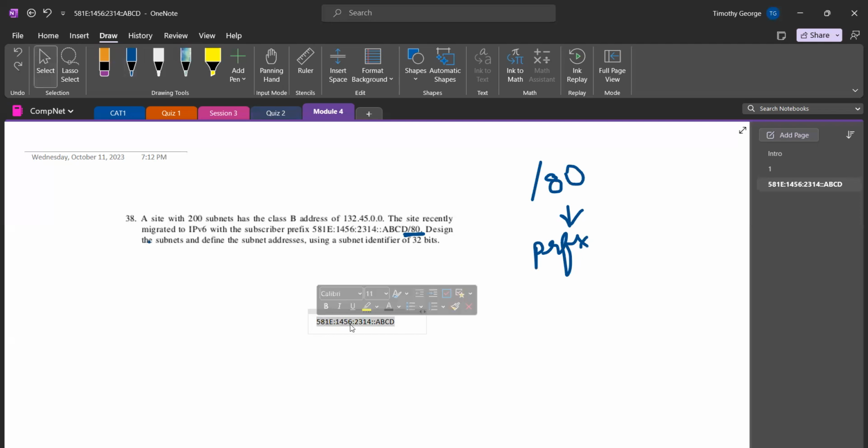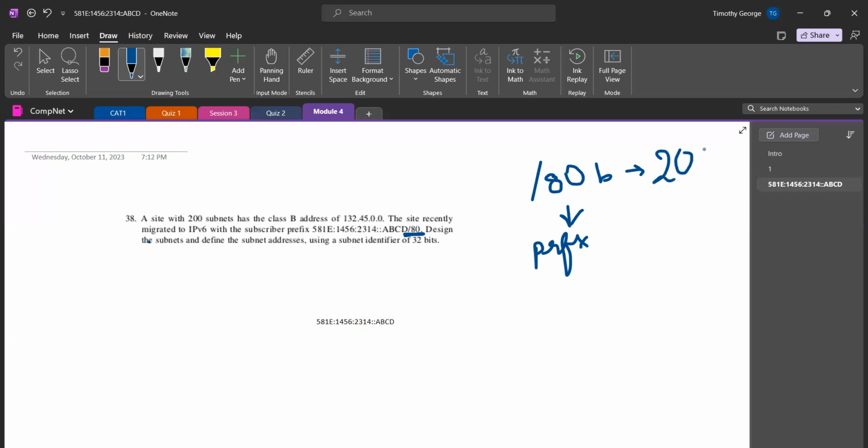Currently it is 4, 12, 16, 20. So how many more do we need to put? So 80 in binary, divided by 4, is 20 in hex. So how many do we need to make this 20 in hex?